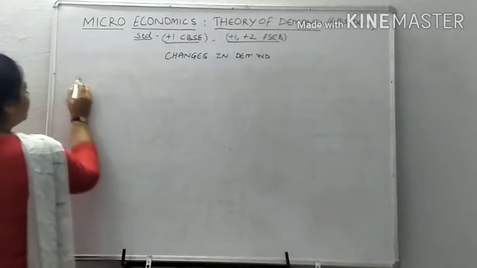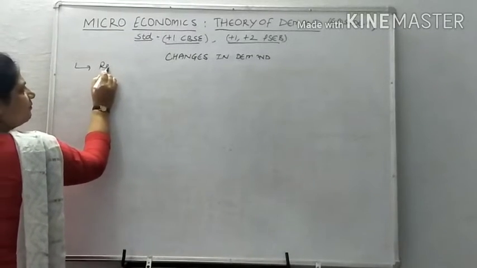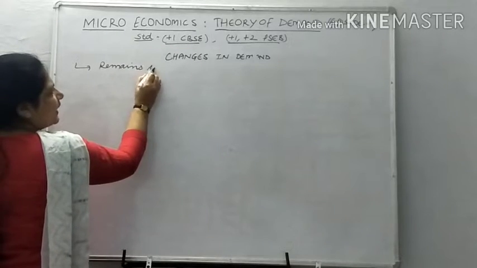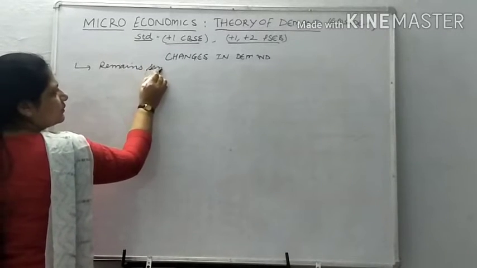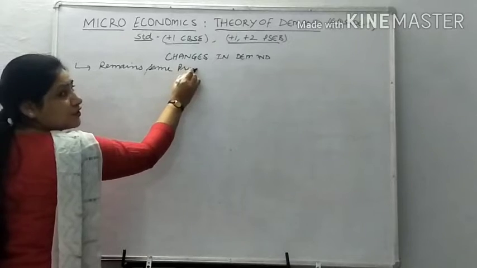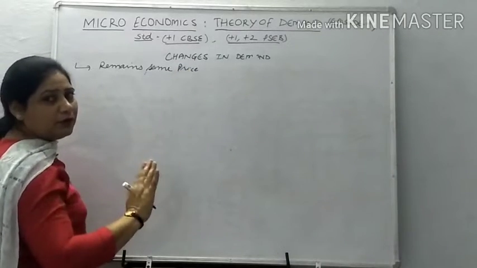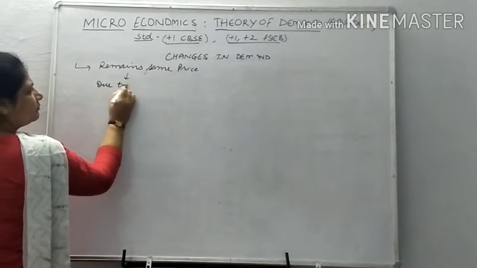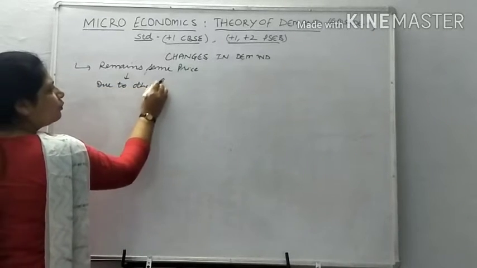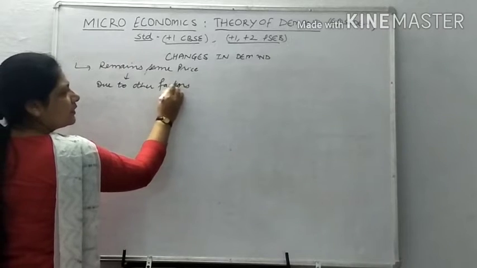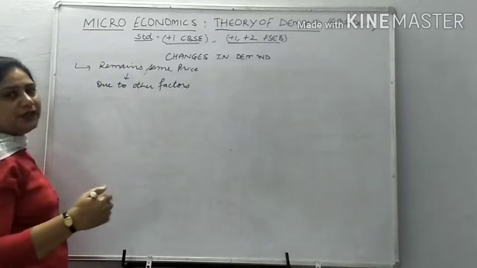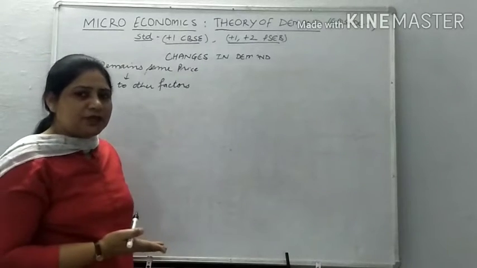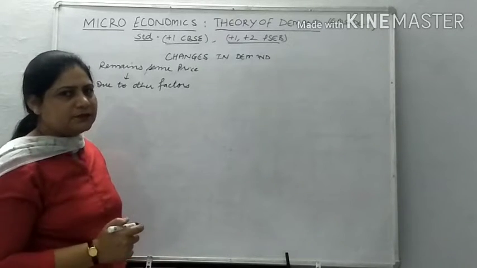Students, sometimes the price remains the same. There is no change in price at all, but due to other factors there occur changes in demand. A consumer can change demand at the same price in many cases.